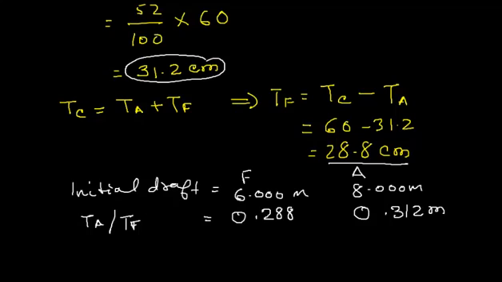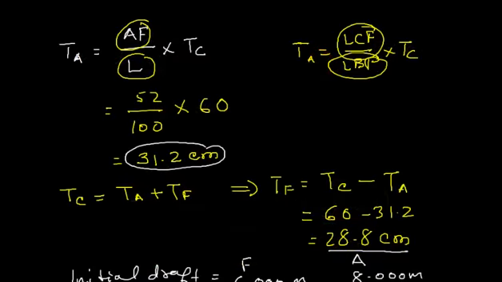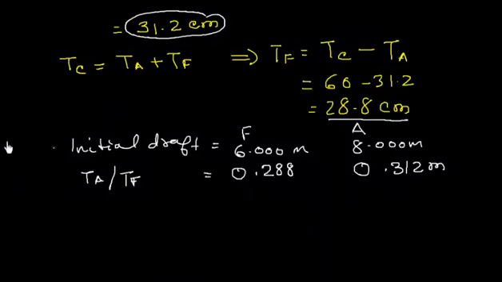And we know that the weight was shifted forward, so we have the trimming moment by head. Hence the forward draft will increase. Let me just add here, the forward draft will increase and aft draft will reduce.